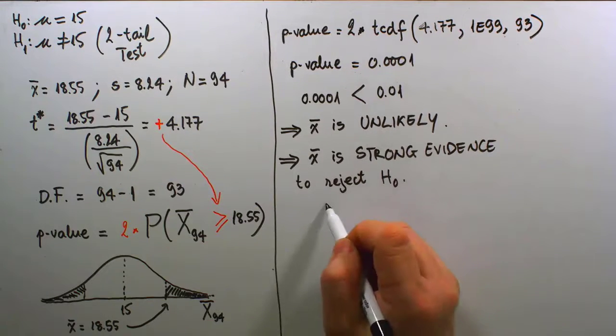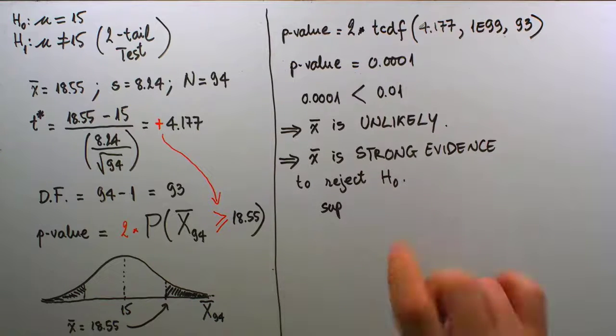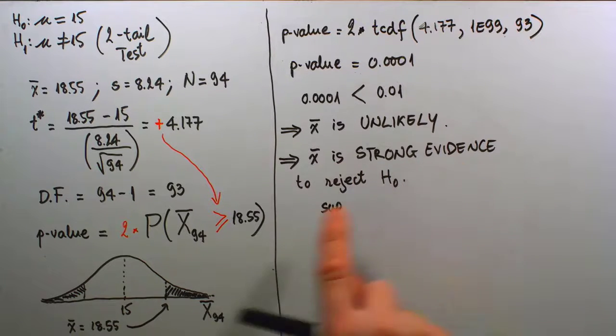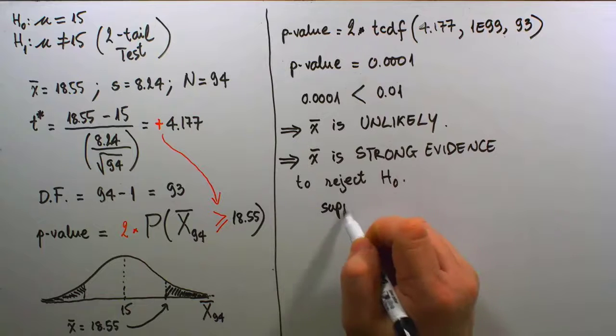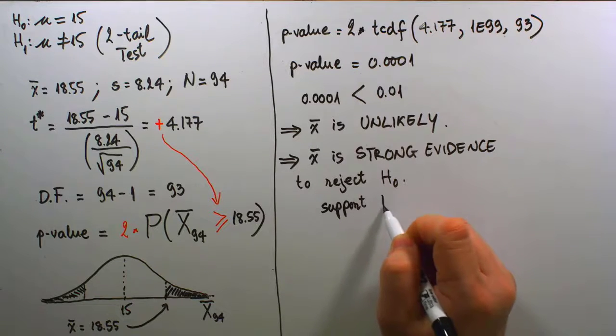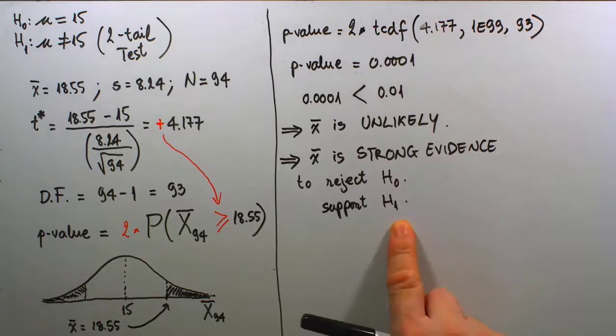Or we can also say x bar is a strong evidence for us to support H1, the alternative hypothesis.